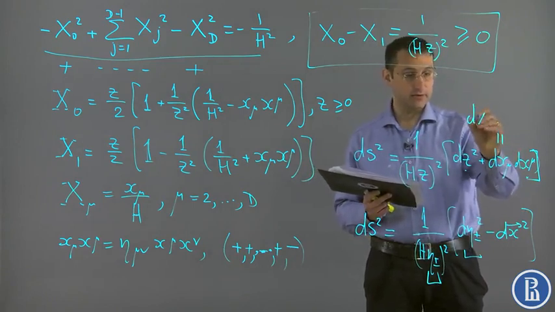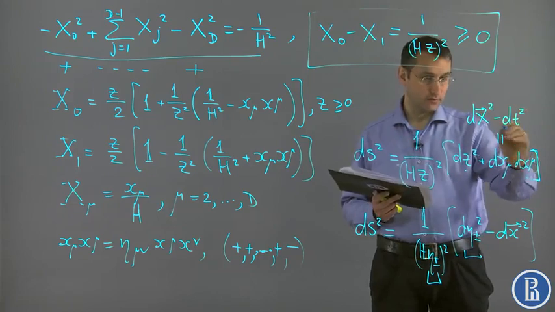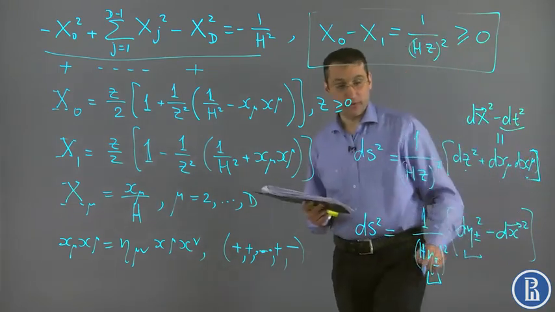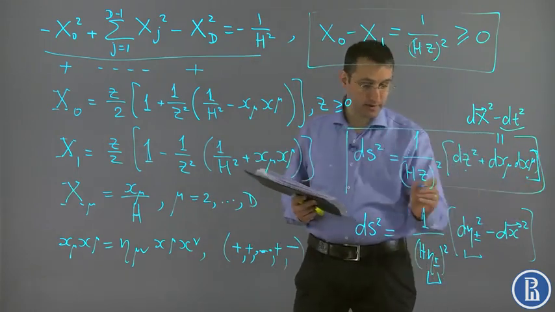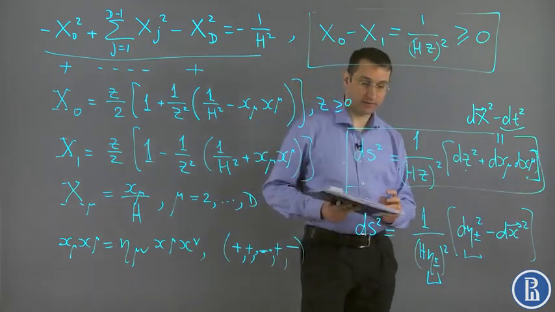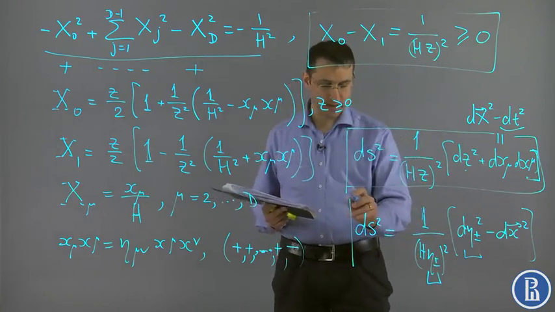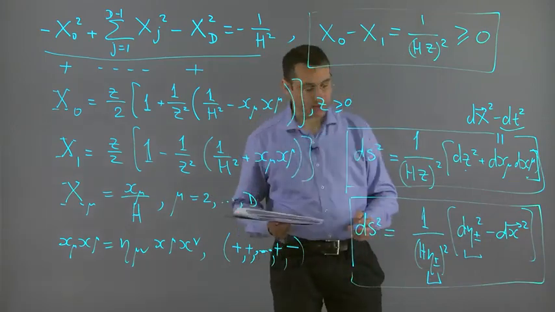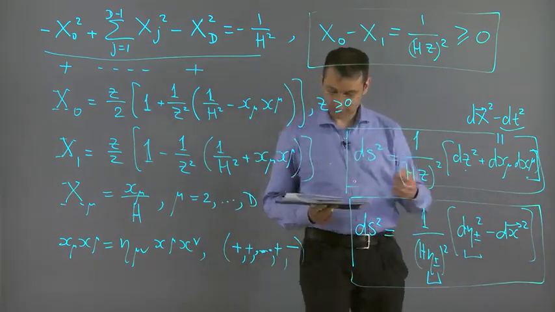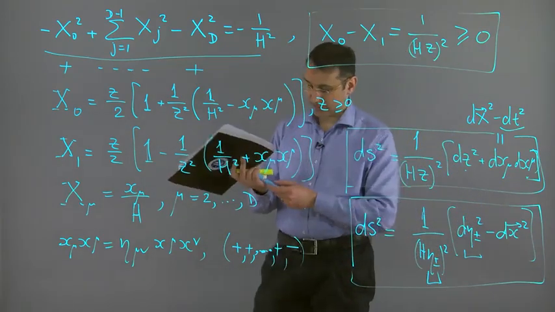It's like dx vector squared minus dt squared. So the anti-de Sitter spacetime metric is stationary, in fact even static, while the de Sitter spacetime metric is time-dependent. That is a crucial difference between these two spaces.